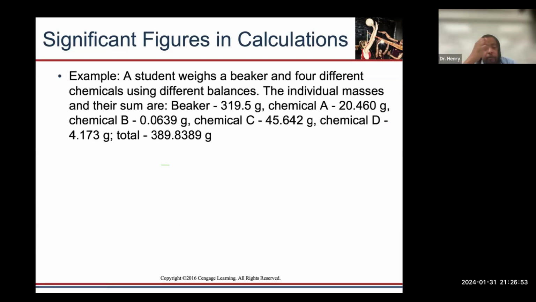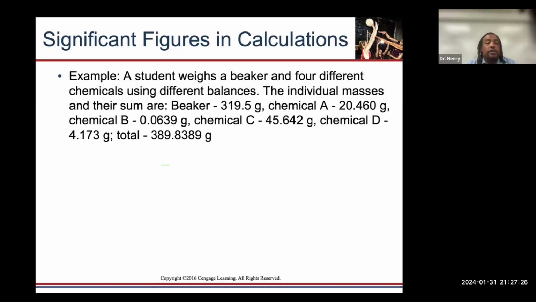Okay. So a student weighs a beaker and 4 different chemicals using different balances. The initial masses are: beaker, 319.5 grams. Chemical A, 20.460 grams. Chemical B, 0.0639 grams. Chemical C, 45.642 grams. Chemical D, 4.173 grams.